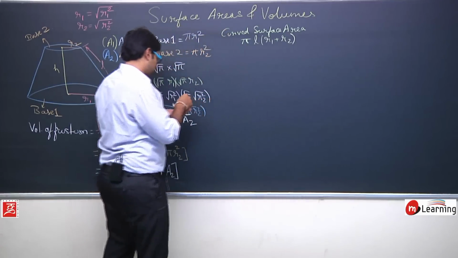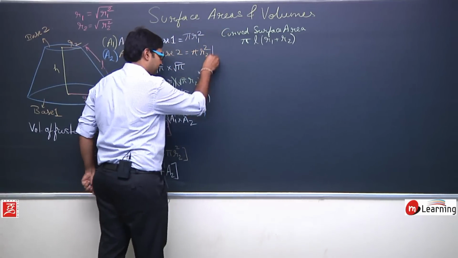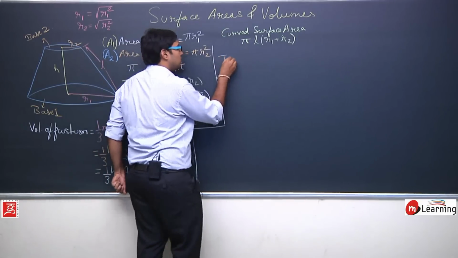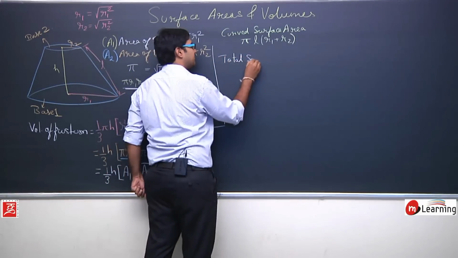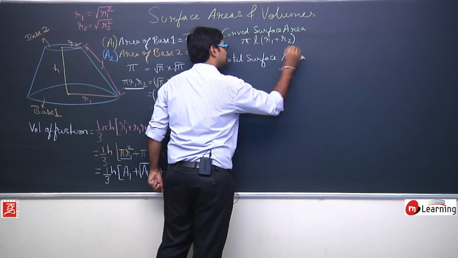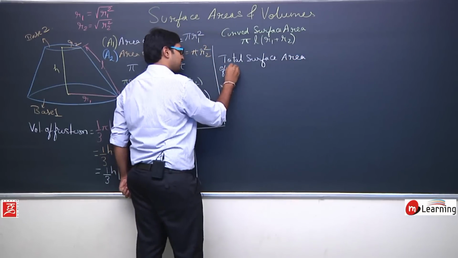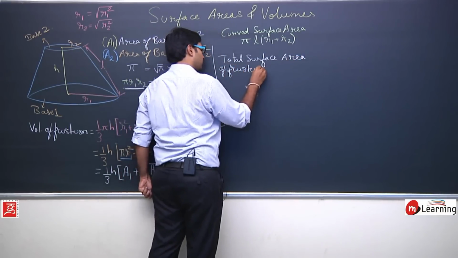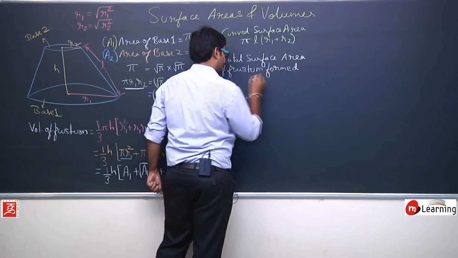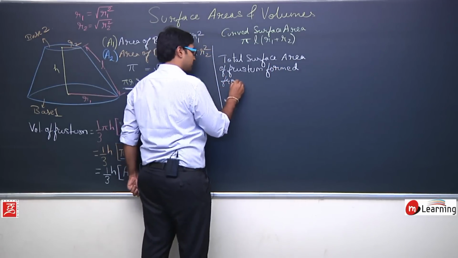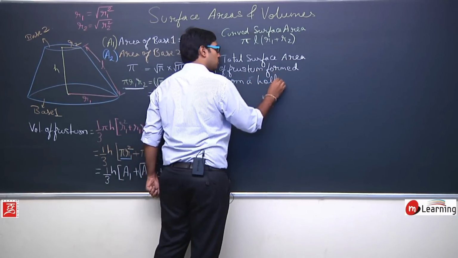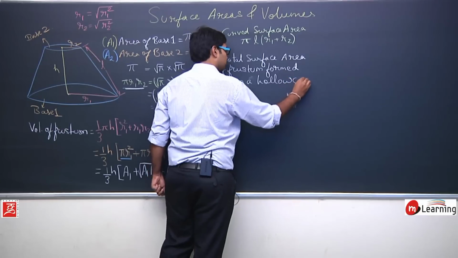So first we will define the total surface area of a frustum formed from a hollow cone.